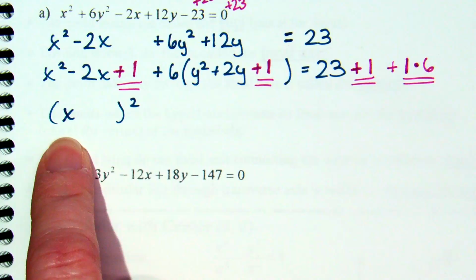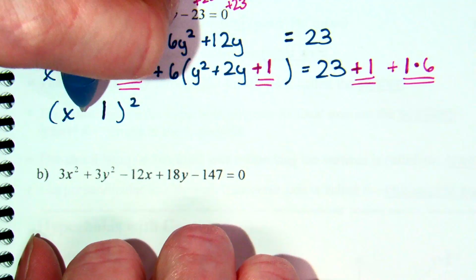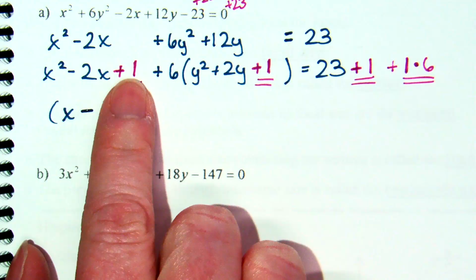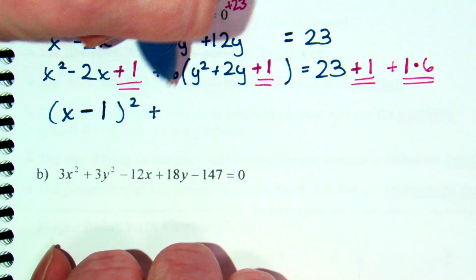Square root of 1 is 1. My middle sign is minus on the 2x, so it's minus. Or if you prefer, what multiplies to be 1 and adds to be negative 2. Negative 1, negative 1. Okay, plus, we're going to leave the 6 here, and then it's parentheses squared.